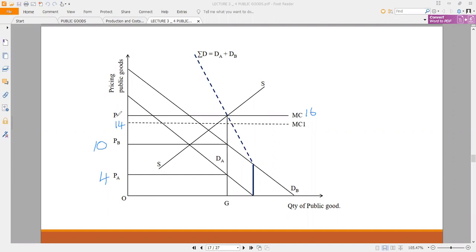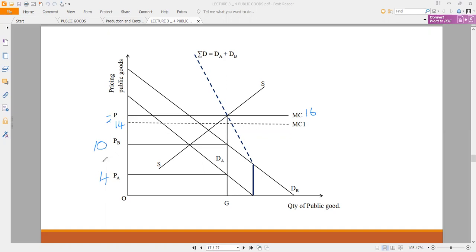When it happens like this, the good might not be able to be produced, so they will need a third party. And here they normally entreat the government to come in and support them. So here the government will have to pay the extra $2 so that the good can be produced. At times too, if we have very rich people in the society, then they should be willing to pay more than even how they value the good so that they can produce.